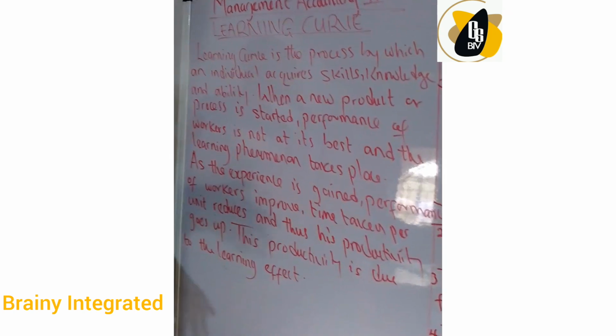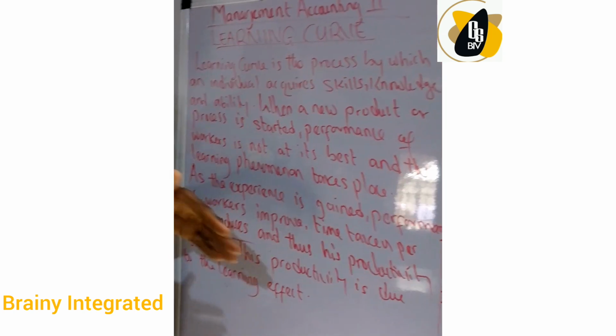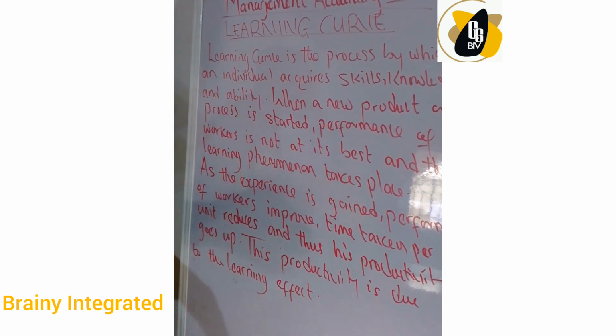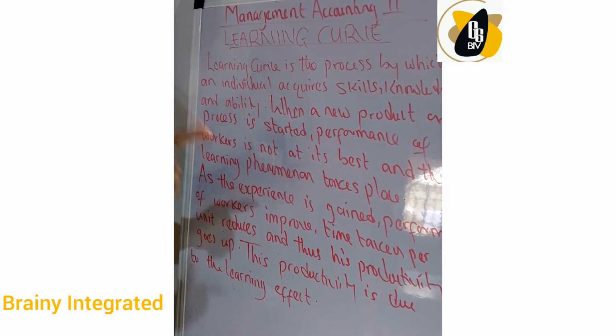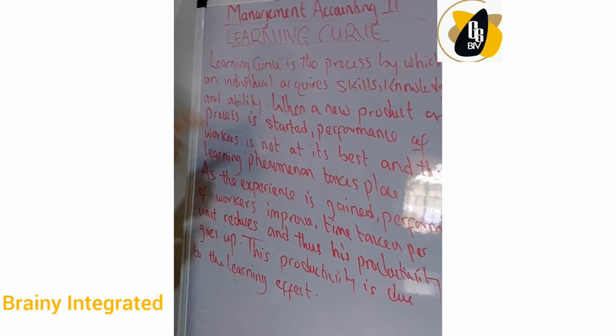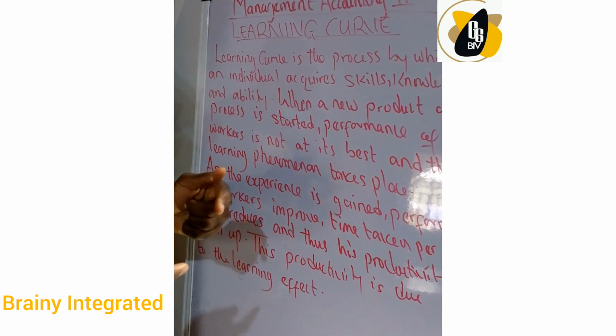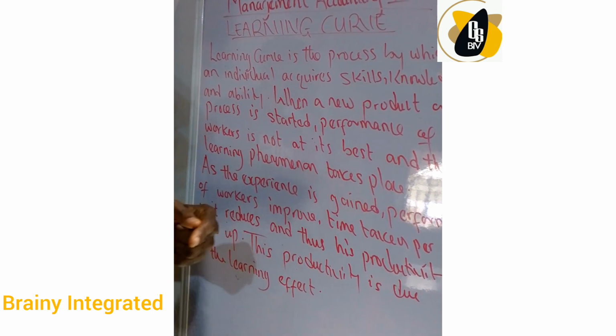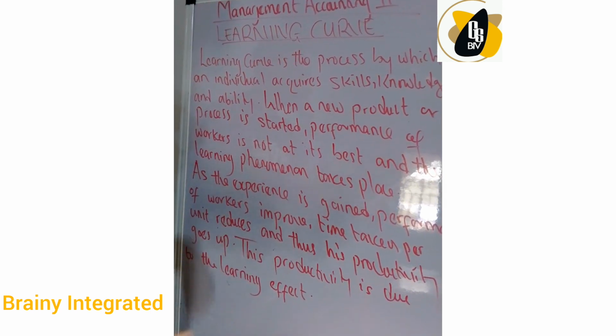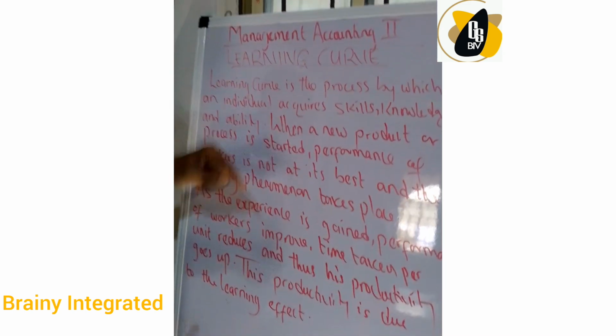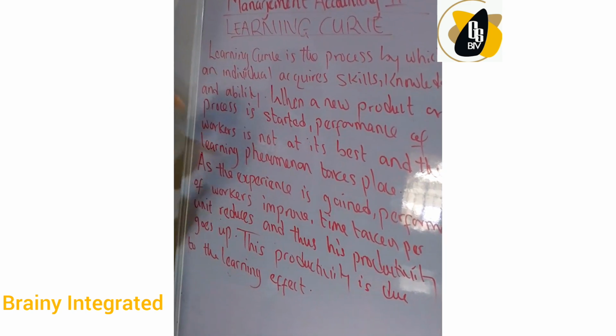The productivity of the workers at that earlier stage will not be at its best. Why? Because there is a new product and a new process, so you don't expect productivity to be at its best.